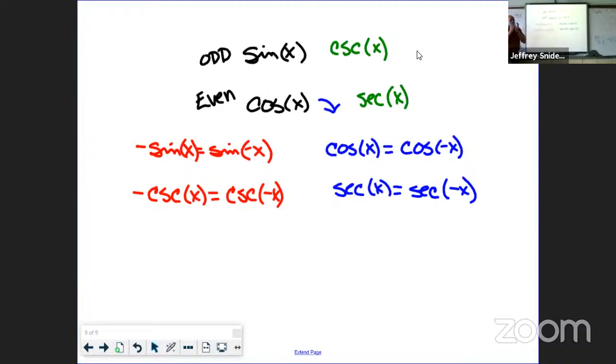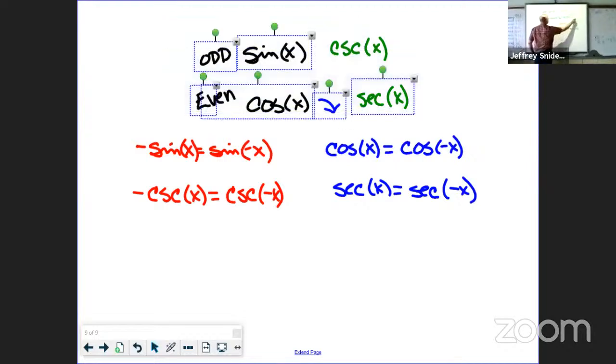They allow me to take anything that has a negative angle and rewrite it with a positive angle. And that is so much easier for you guys to mentally get your head around. We have two left. Tangent and cotangent. Okay? Now, let's think about this. Tangent and cotangent.